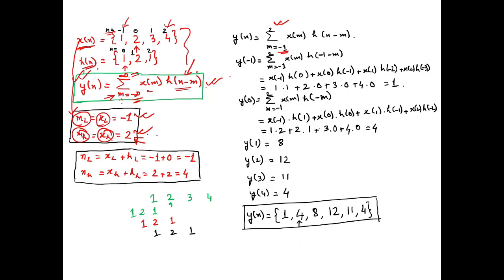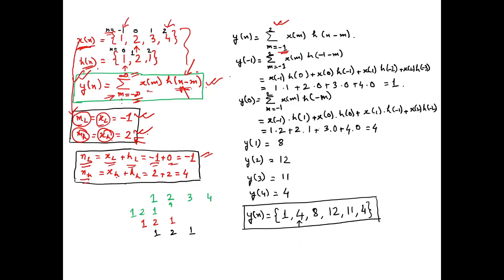right? Now coming to another variable, which is n. How will n be varying? The lower limit of n, nL, is x of L plus h of L. x of L is minus 1, h of L is 0. So minus 1.